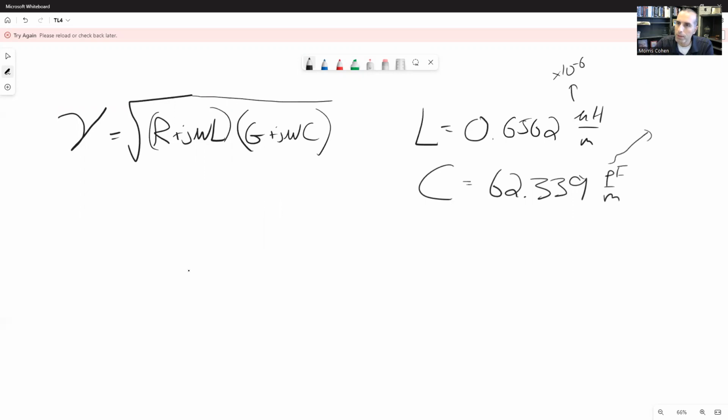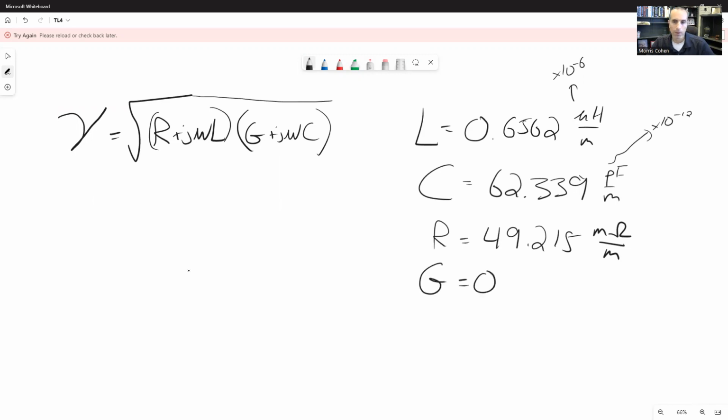The pico in this case means times 10 to the minus 12. We have a value of R equals 49.215 milliohms per meter. It was actually 49 ohms per kilometer, so I converted it into per meter so we can get our units right, and G equals 0.